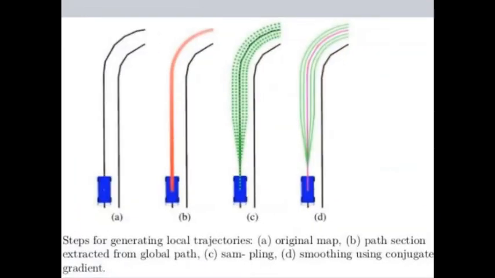Okay, so steps to generate the local trajectories. The global planner provides a global path at the center of the lane. Then the rollouts are produced, offset from this main trajectory in the center.